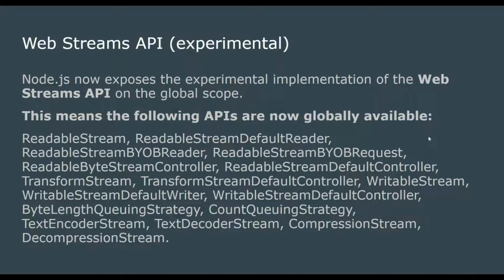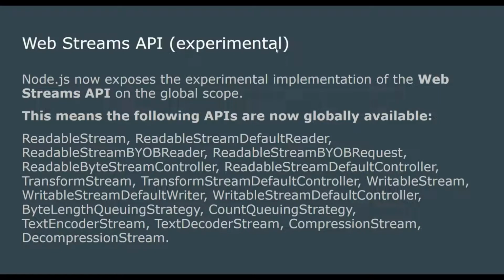Another thing is that the web stream APIs are also introduced in experimental mode, supported by default. Node.js now exposes the experimental implementation of the web stream API on the global scope.